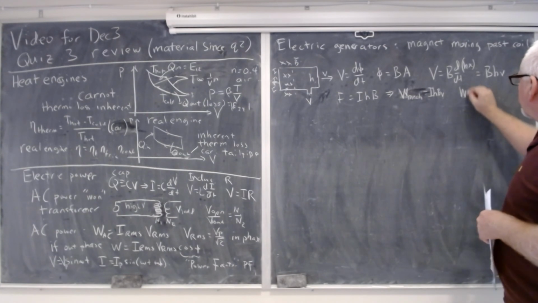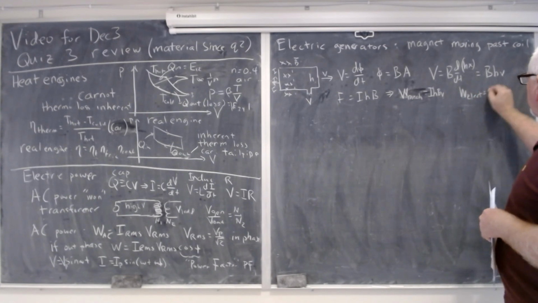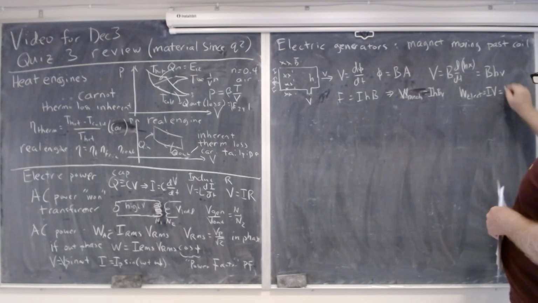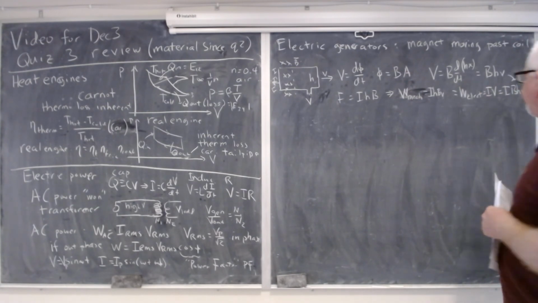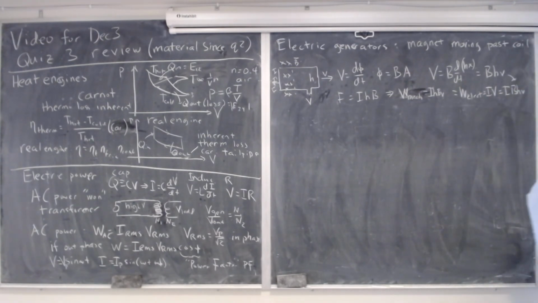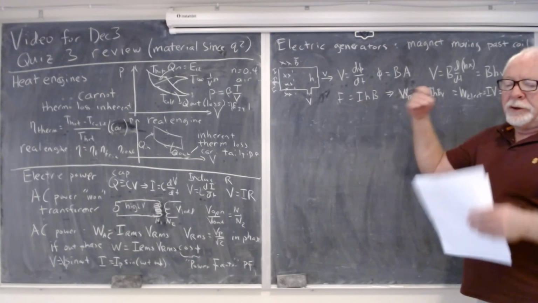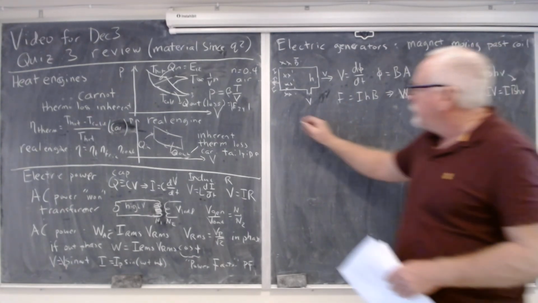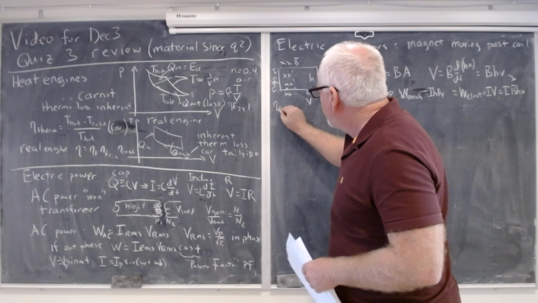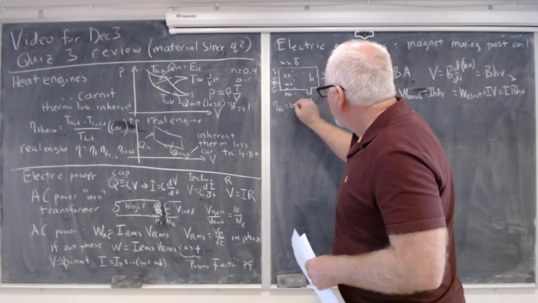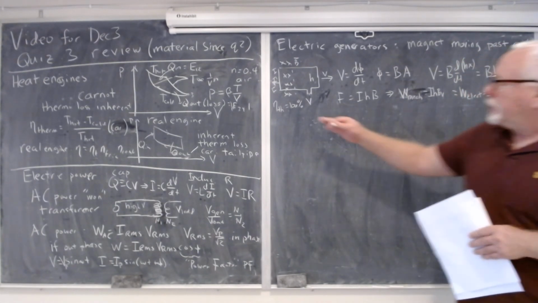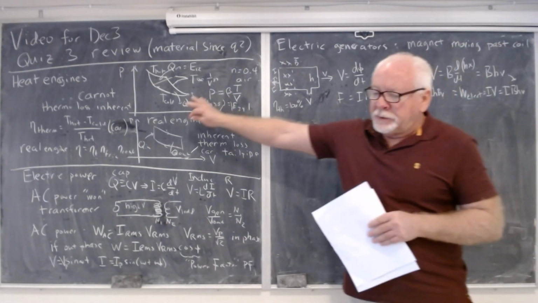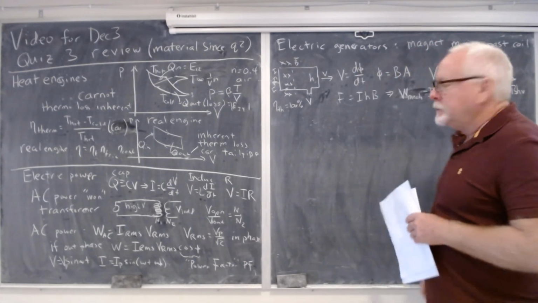And W electrical is IB, so IBHV, and they're equal. And so you learned that an electrical generator, theoretically, can be 100% efficient, whereas your heat engine has an inherent thermodynamic loss.